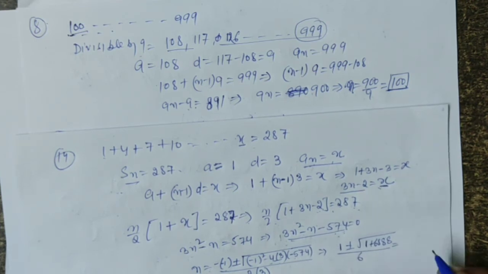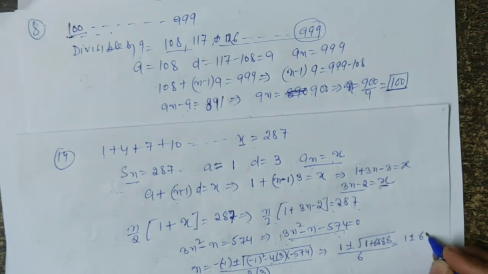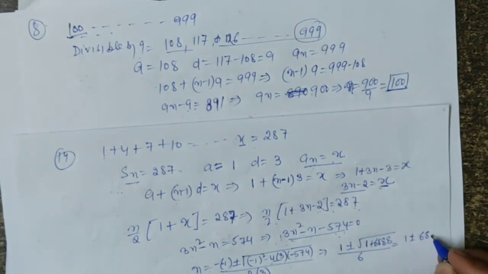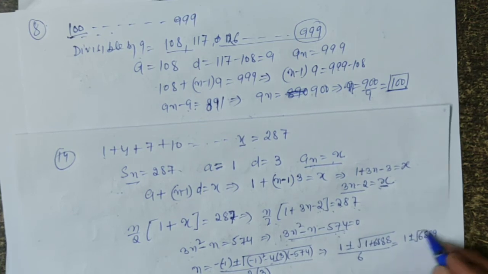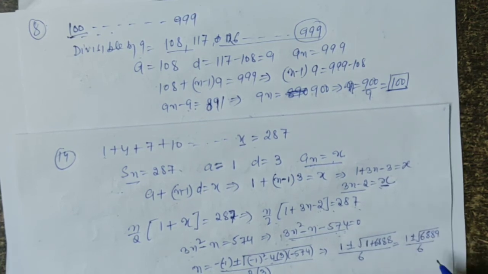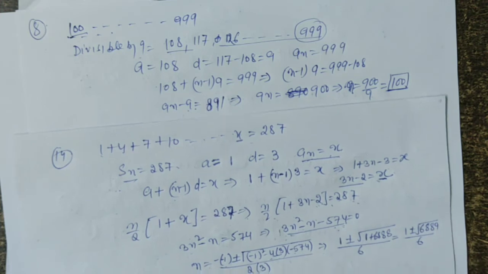So finally 1 plus minus under root of 6889 divided by 6.